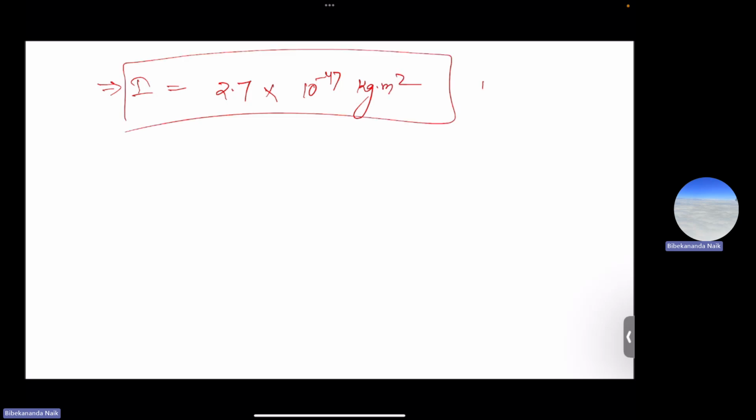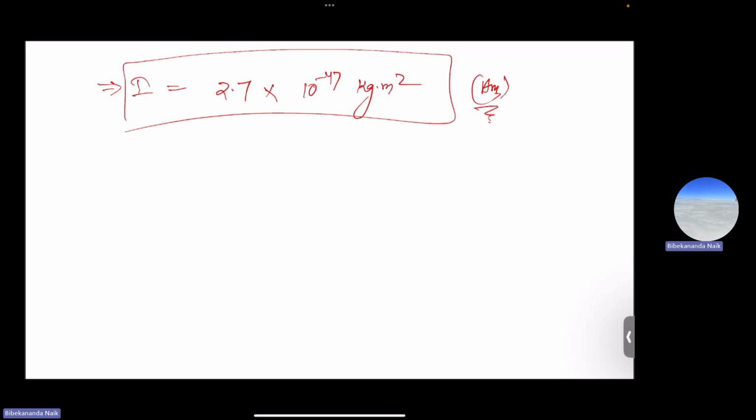So if we calculate it, I will be 2.7 into 10 to the power minus 47 kg meter square. So this will be the answer.